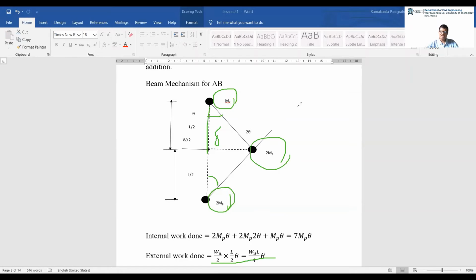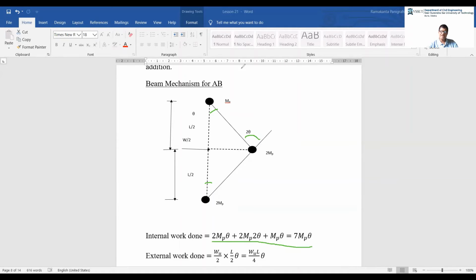Right. So now what is the internal work done? Internal work done will be 2Mp into theta, 2Mp into theta, Mp into theta. So 2, 4, 6, 7. So 7Mp theta.